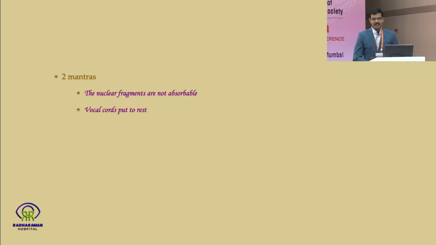The other mantra is to put your vocal cords to rest. There is no mistaking that you will panic in the event of a posterior capsular rupture. But however panicked you are, it should not extrapolate onto your tongue and the voice box. So keep yourself muted and ask your associates who are roaming about in the OT also to put themselves in the mute format.